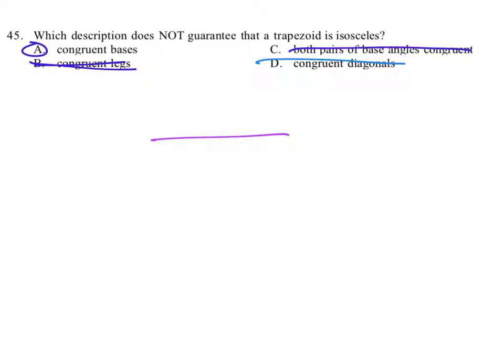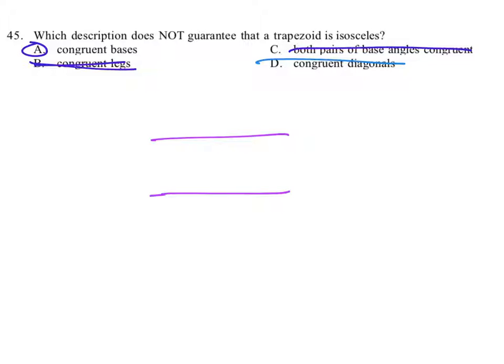So if we had them be congruent, either their endpoints here and here are perfectly aligned up and down, like if we drew a line through them, you would get a 90-degree angle, right? In which case that's a rectangle, and that means the other sides would be parallel too, and it's not a trapezoid then because you have to have only one pair of sides parallel, right?